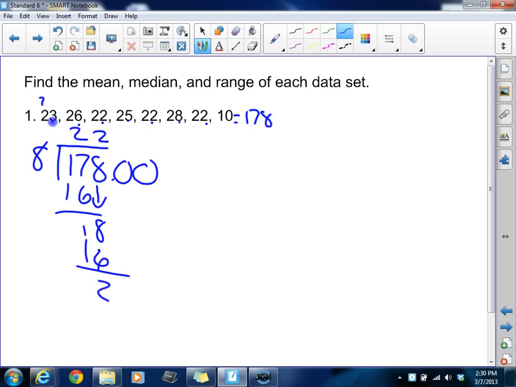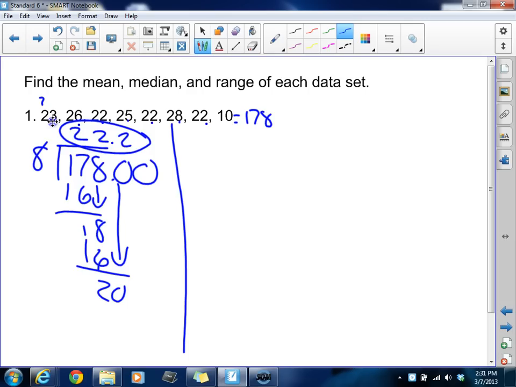So that's 2, bring down my 0, 8 will go into 20 2 times. So that right there is going to be my mean. My mean is going to be around 22 and 2/10. It's going to be a little bigger actually if you were to completely divide it out, but that's what it will look like. So that, first of all, is the mean.